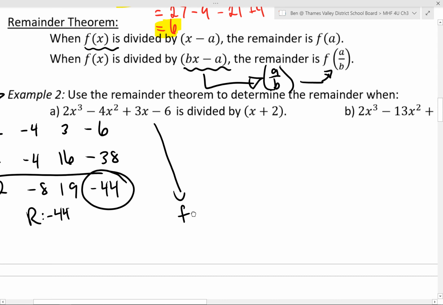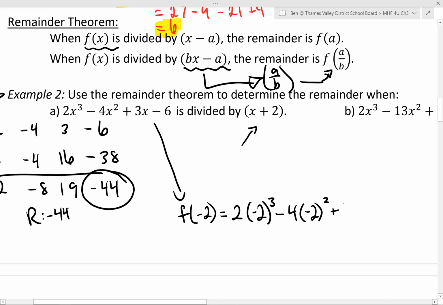We can evaluate our function at the root of this divisor. The root is where x equals -2, and that is 2 times -2 cubed minus 4 times -2 squared plus 3 times -2 minus 6. Nice and easy.